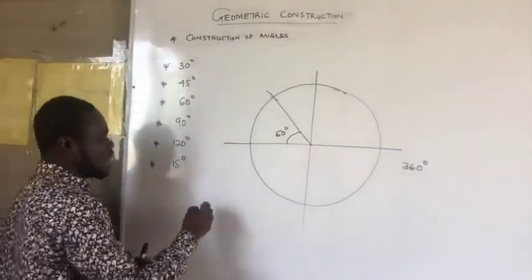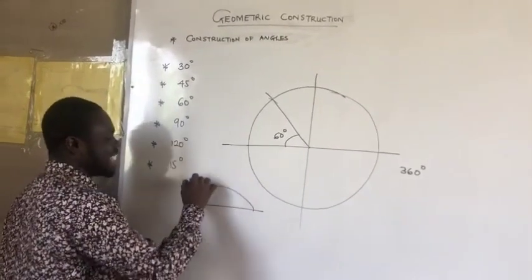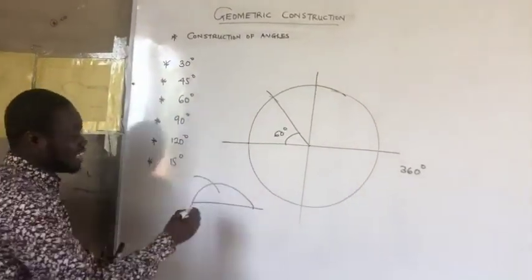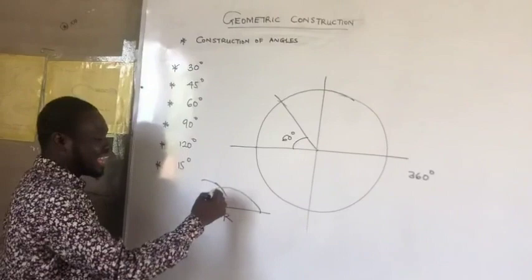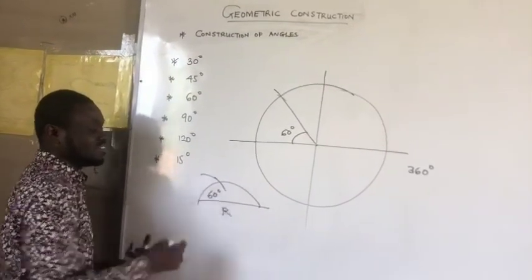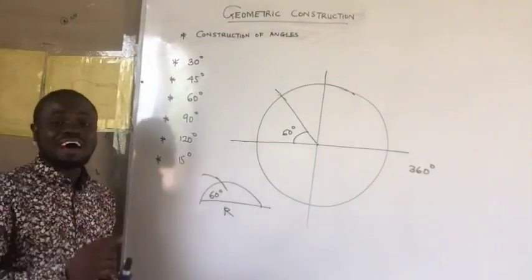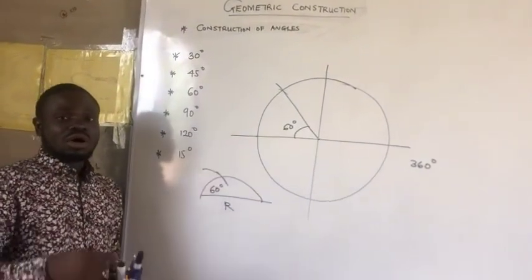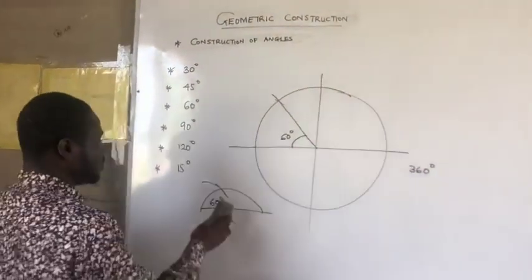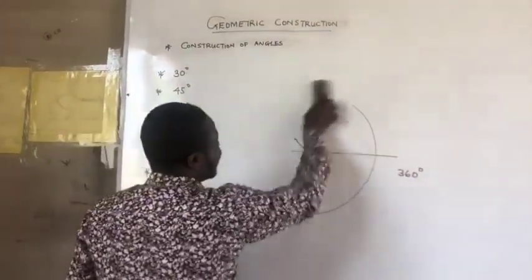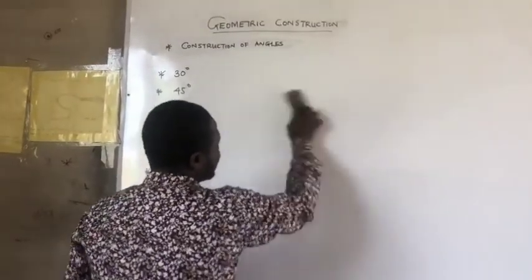So for any circle that we produce, when we create an arc on that circle using the same radius, that arc produces an angle of what? 60 degrees. So any arc that we mark on the circle is equal to an angle of 60 degrees on that circle. So let's start with our construction.